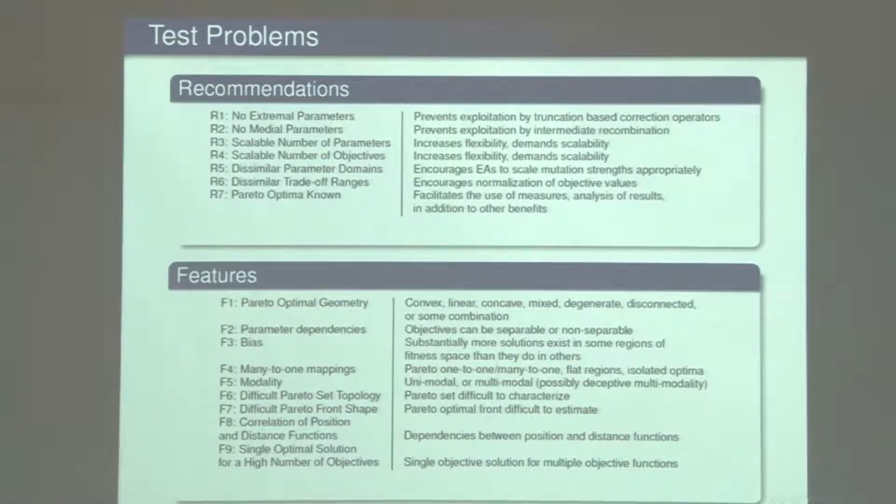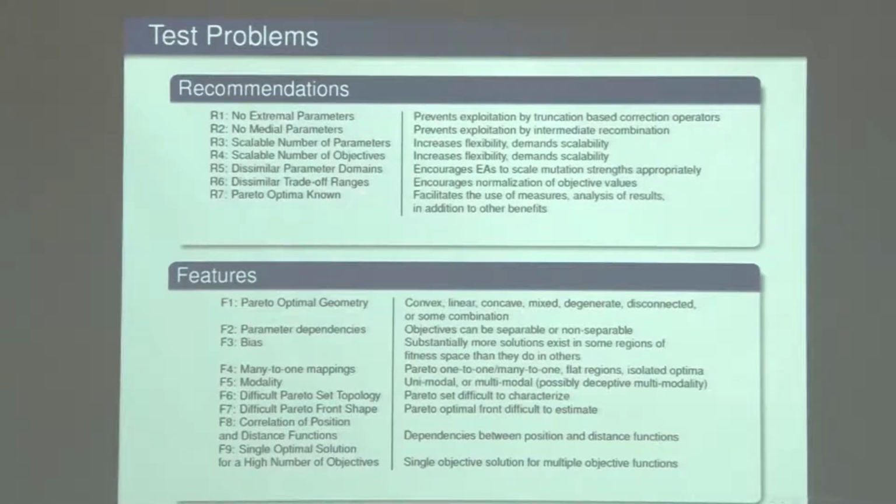Because normally you assume, okay, I have 20 decision variables, they are all between -10 and 10. Try not to do that. Why don't you put some decision variables between -10 and 10, others between -20 and 5, and so on. Because this will encourage the mutation operators to do their work. Otherwise, it's not that challenging, really.